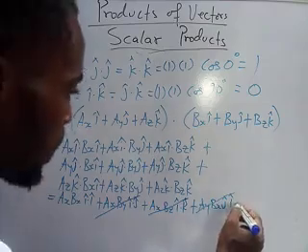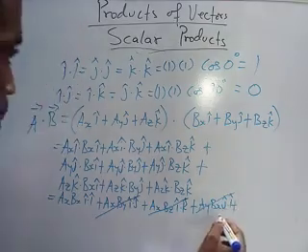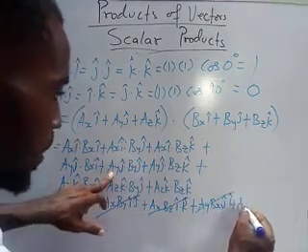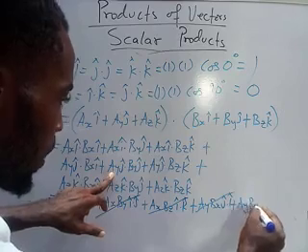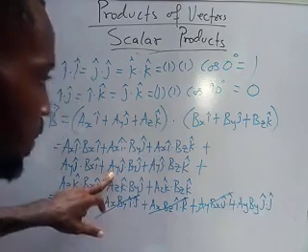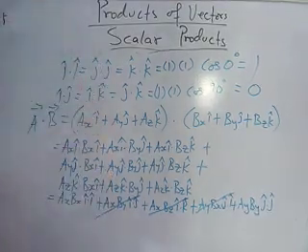Now move here. Plus AY BY J dot J. And this also gives us 1.